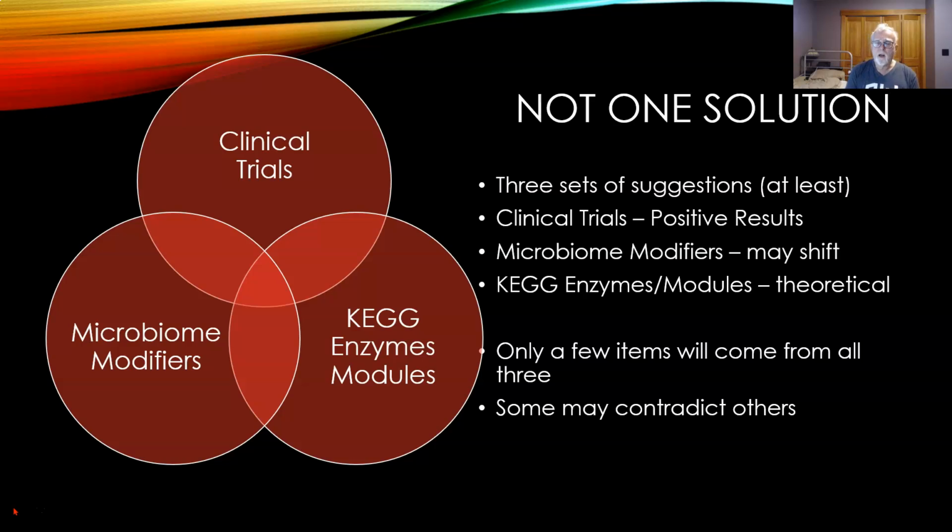With clinical trials, we are looking for ones which report positive results. When we look at those studies, we often find that only a percentage respond. The percentage may be just 40%, in some cases 60, 70, 80%, but it's rare that more than 80% of people are reported as having a positive response.